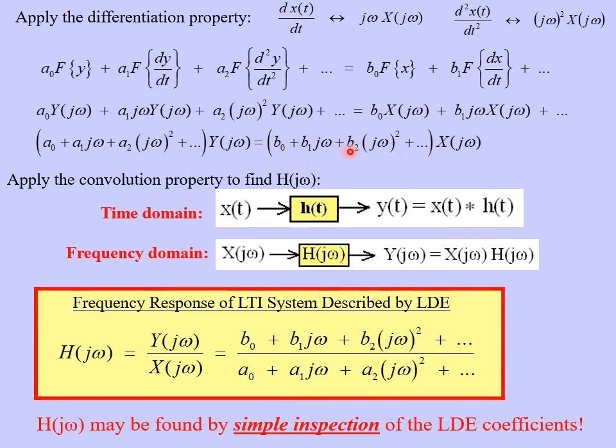If that's not real clear, this is just some simple algebra. Remember that the b's were the ones in front of the x's, and the a's were the ones in front of the y's. So let's do an example, and I'll show you how simple this actually is.